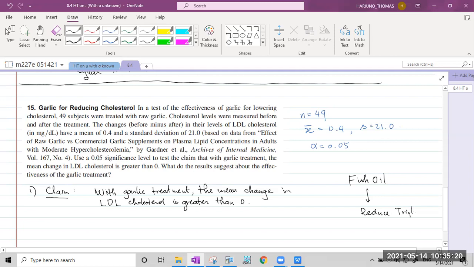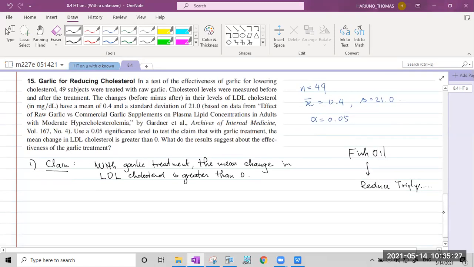And therefore your blood is not as thick anymore, but not the blood thinner that you take by taking aspirin. No, not that type. The triglyceride in your blood is being reduced, therefore it's not as thick anymore, such that the cholesterol can go through instead of getting stuck in your blood vessel.